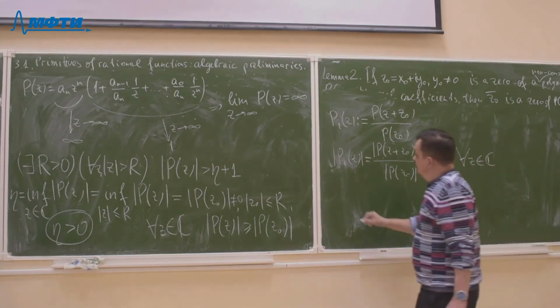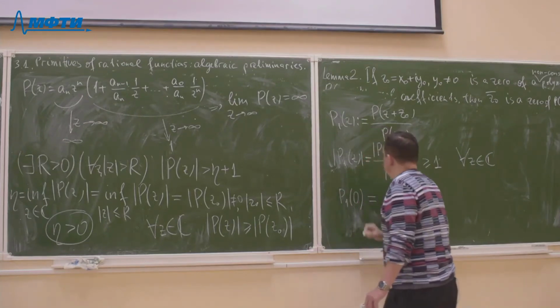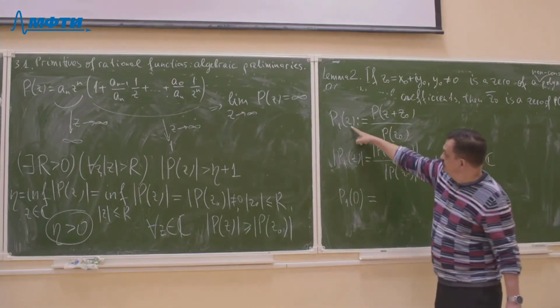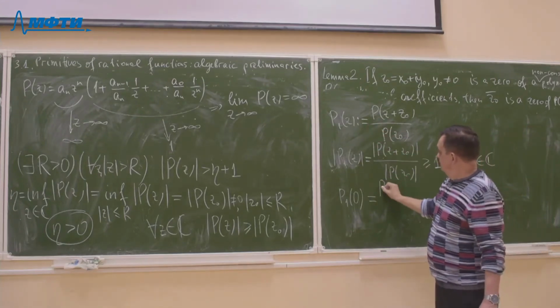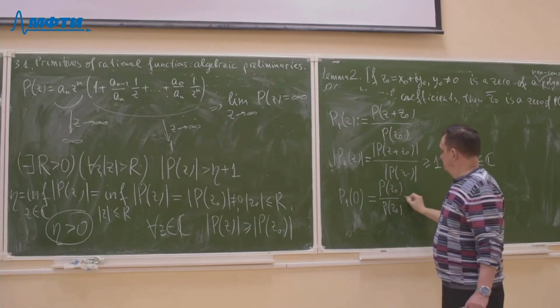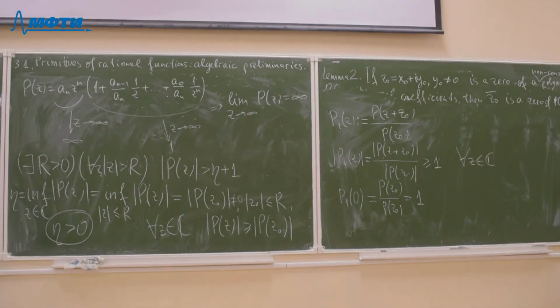And what about p1 at 0? Let's compute it. Substitute z equals 0 instead of z: p of z naught over p of z naught. That is precisely 1, right? So what do we obtain?